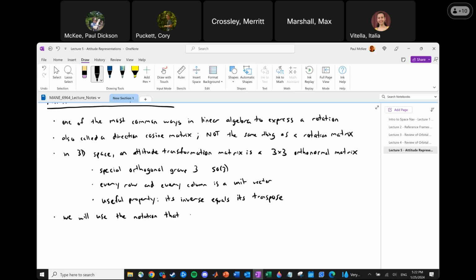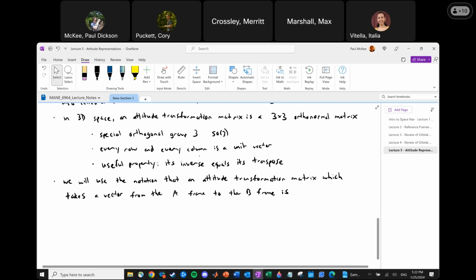We will use the notation that an attitude transformation matrix which takes a vector from the A frame to the B frame is written like this.